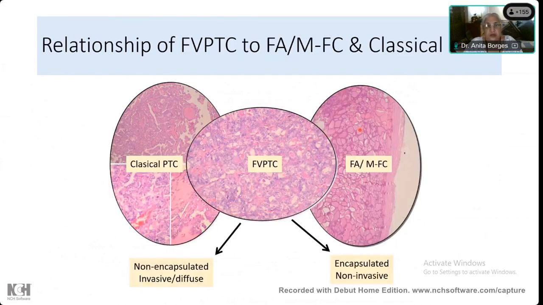Okay? So we have this follicular variant of papillary thyroid carcinoma. It exists. When it is diffuse, it behaves like classical papillary thyroid carcinoma. When it is encapsulated and non-invasive, then it behaves like a follicular adenoma. That became very clear after numerous papers came out.